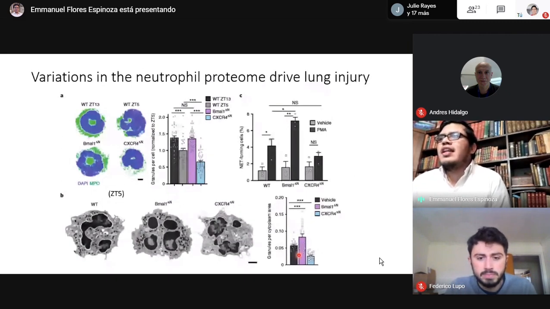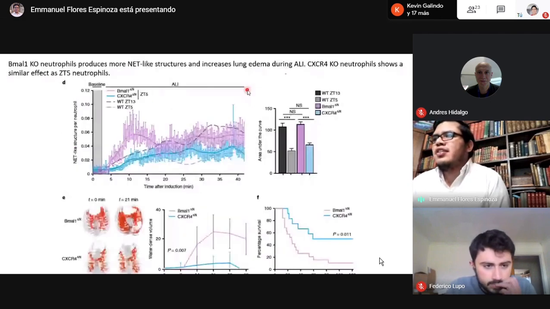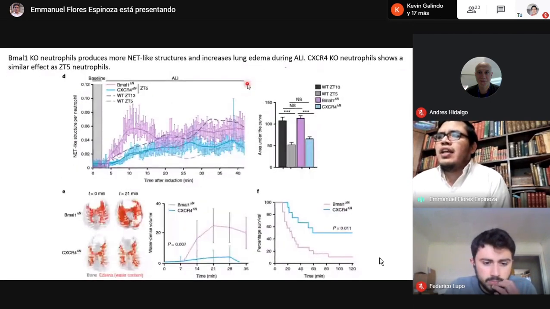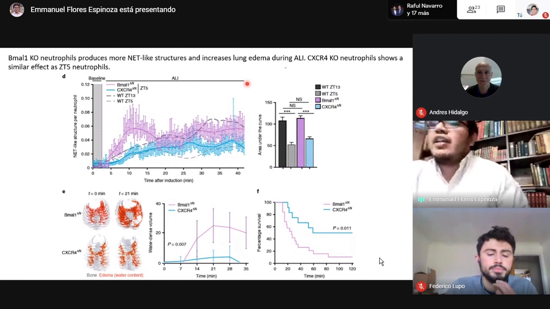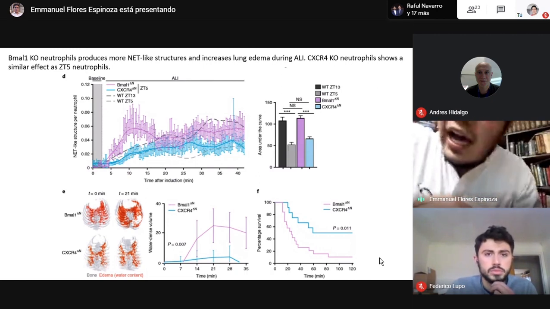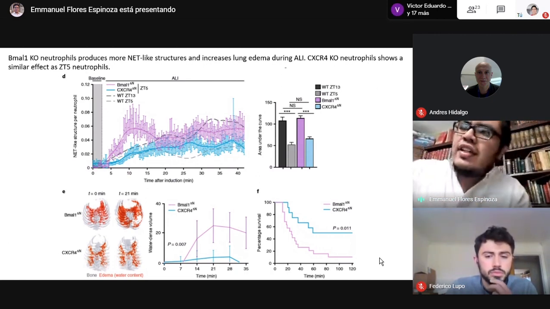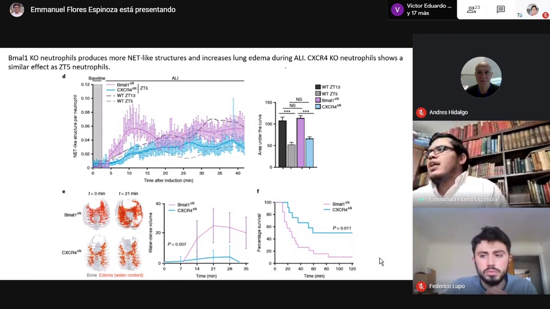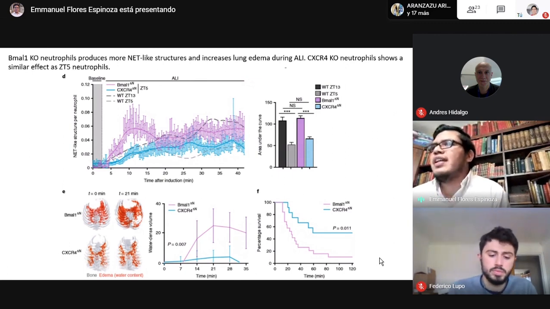Later, they evaluated the net-like structure formation, after ALI induction in mice, and we can see that when mice have Bmal1 depleted in their neutrophils, there is more net-like structure formation, and there is the opposite effect in the CXCR4 depleted neutrophils.